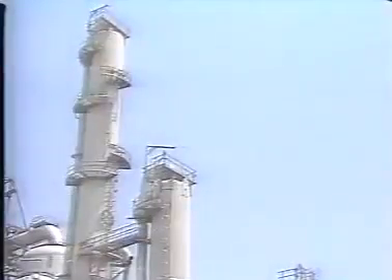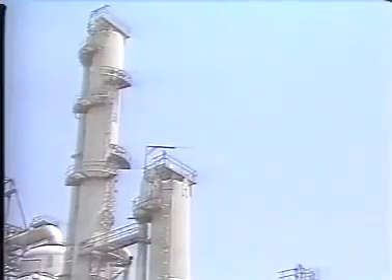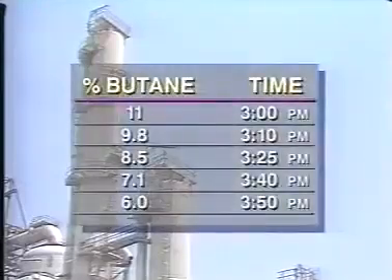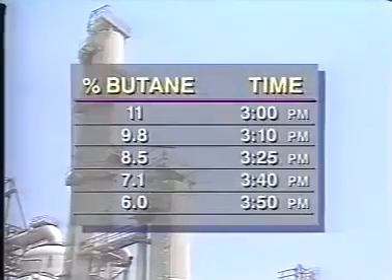Sudden changes will cause a tower to behave erratically, reducing fractionating efficiency. A distillation column does not respond immediately to operational changes. When we adjust the heat balance inside a column, there is a gradual change in product composition. This chart summarizes what happens when we increase the reflux rate to remove butane from an overhead product.